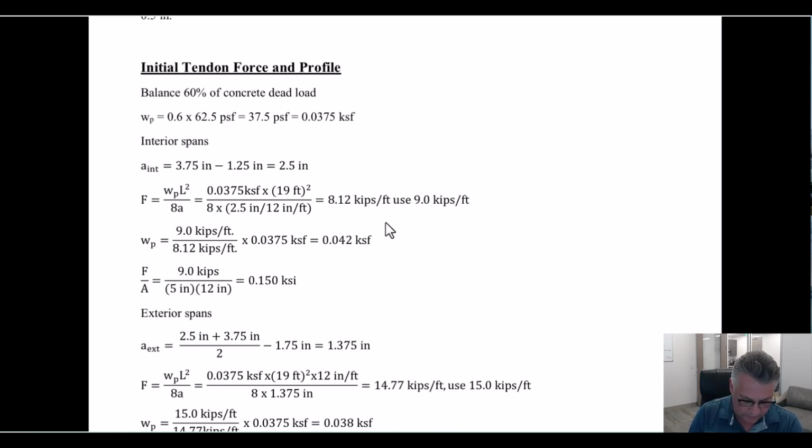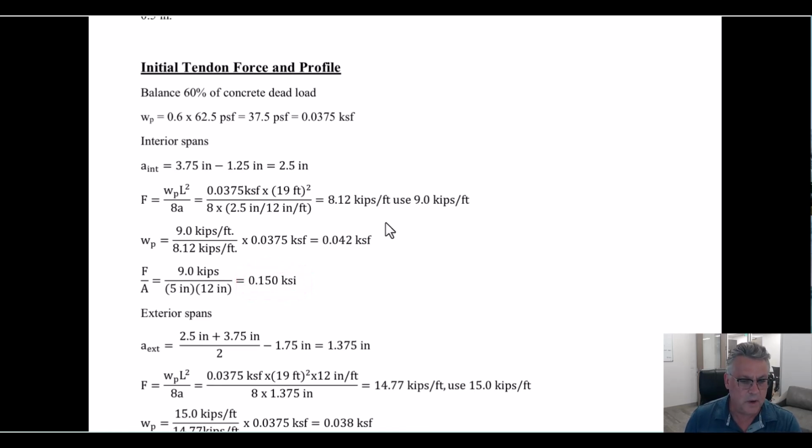So with the same equation we used before, 8FA over L squared, we rearranged that to calculate the force that we're going to want in the interior bays. Dad comes up with 8.12, so we'll use 9 kips per foot. 9 kips per foot is extremely popular, very typical, because it actually results in 150 psi average compression.